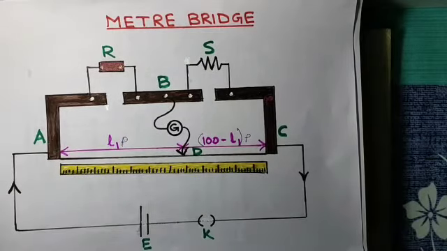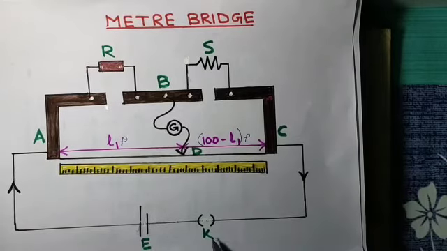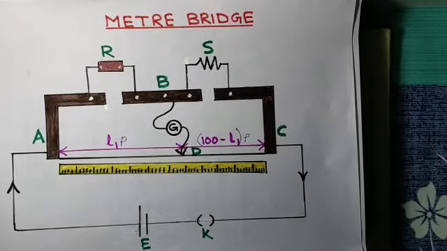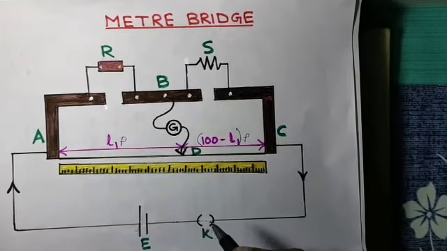Now, one electric cell E has been connected between points A and C through a switch K. If we switch on the electric circuit, then electricity will flow from the higher potential towards the lower potential.